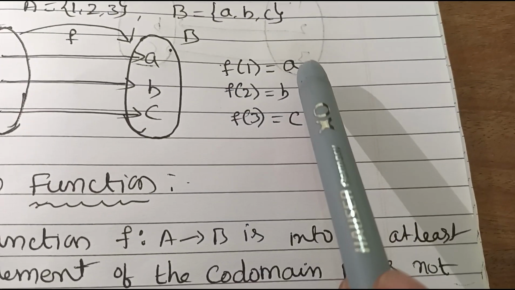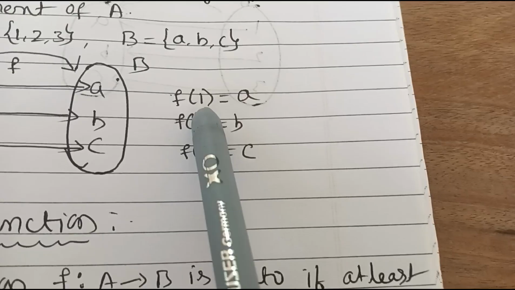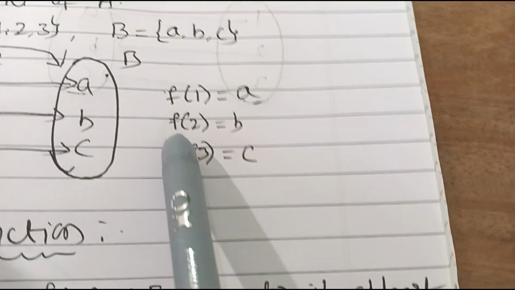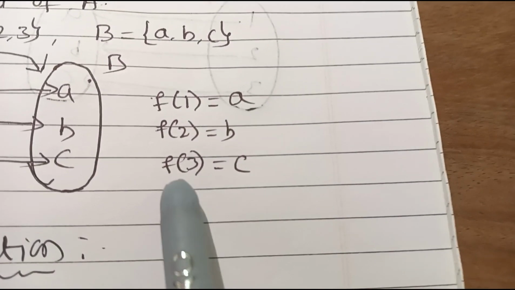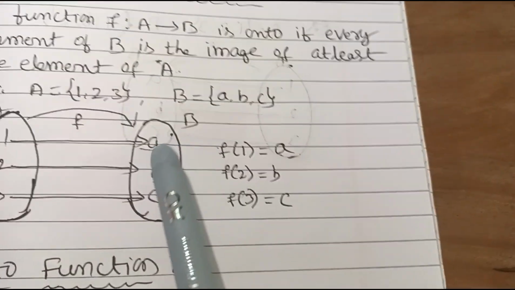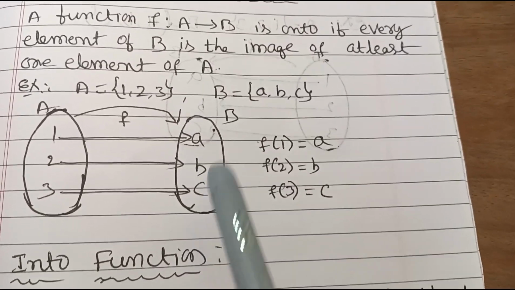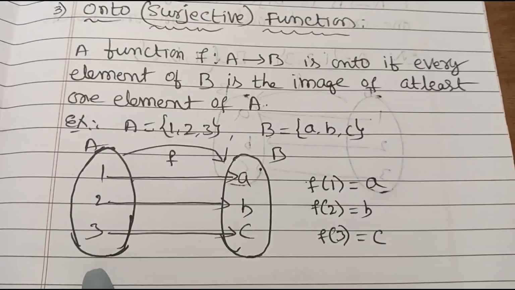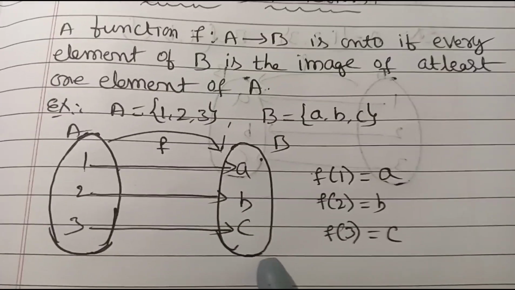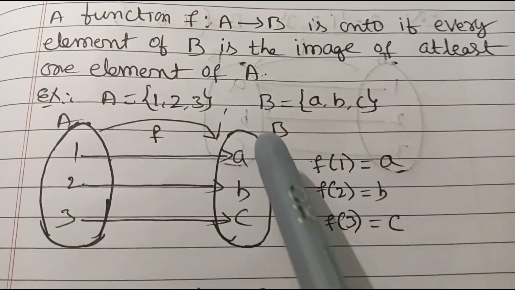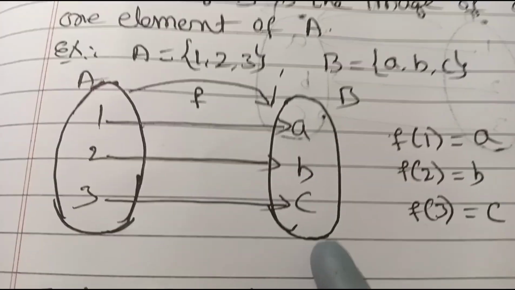That is, f of 1 is equal to A, f of 2 is equal to B, and f of 3 is equal to C. It means the image of element 1 in the domain is A in the codomain, the image of element 2 is B, and the image of element 3 is C. So every element of codomain set B is the image of at least one element of domain set A. The meaning is every element of set B is the image of some element of set A. No element is left out, meaning every element is an image.